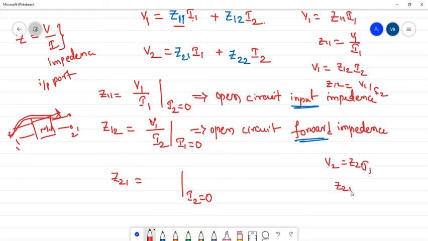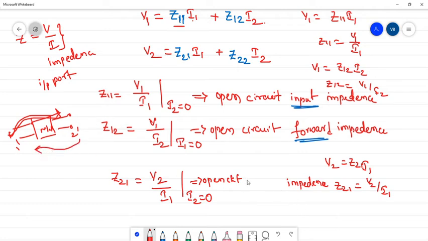So Z21 is equal to V2 by I1. This is also like impedance, and we are calculating in open circuit only. We take the first output, transferring from output to input, which is like a reverse. So this is called open circuit reverse impedance.